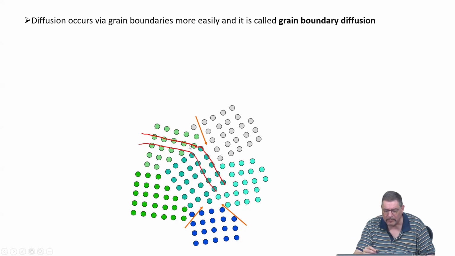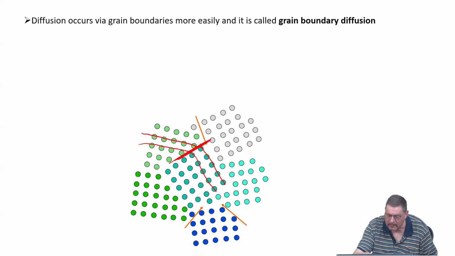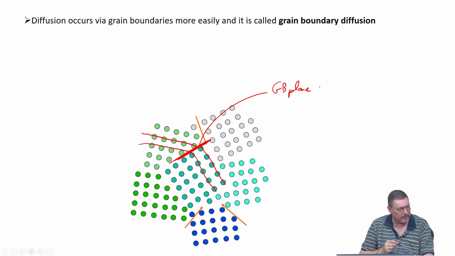When we have boundaries where we have a grain boundary plane defined like this, and we have two grains coming together, like green and blue. And you see when you follow one lattice plane up to the boundary, then the differently oriented lattice plane in the neighboring grain is directly connected. So there's a one-to-one connection between the lattice planes.